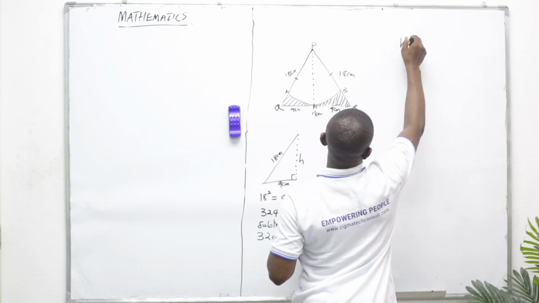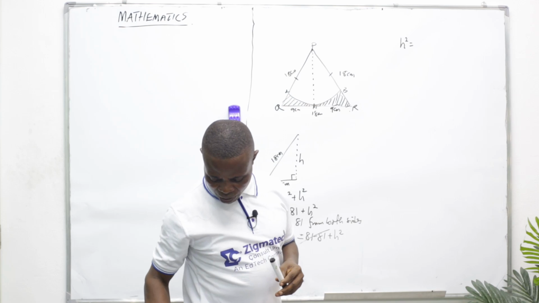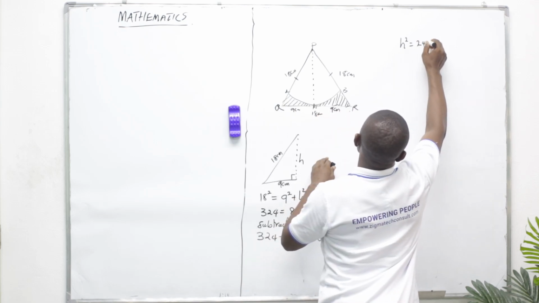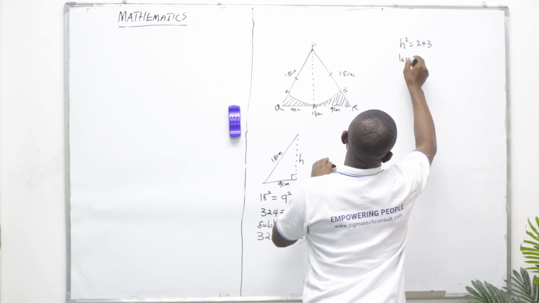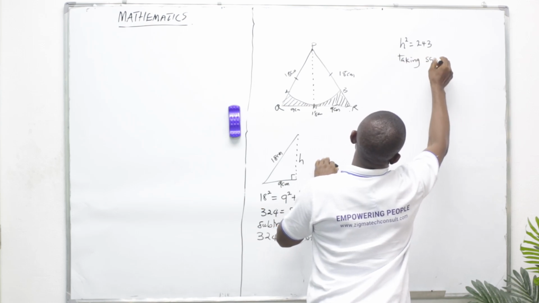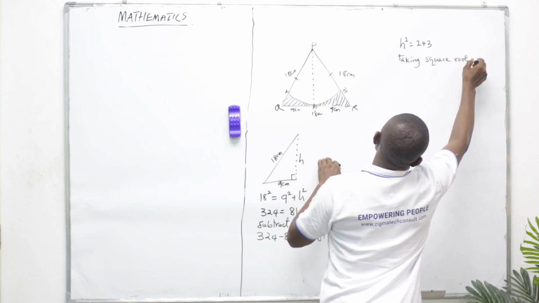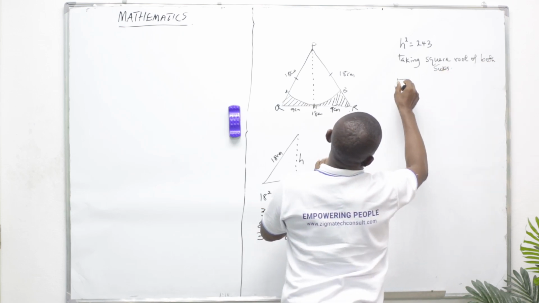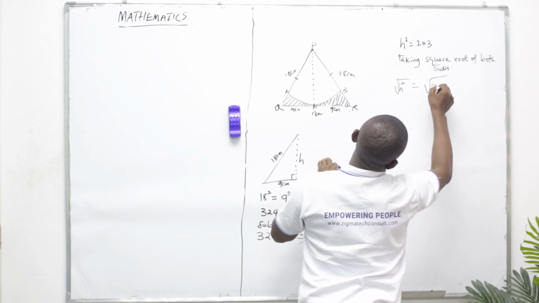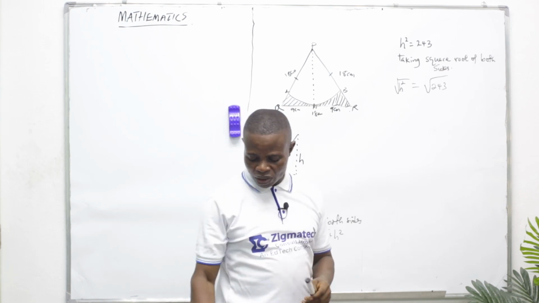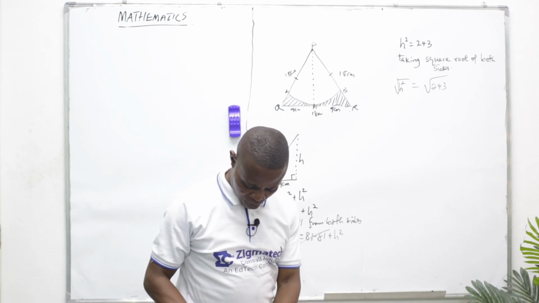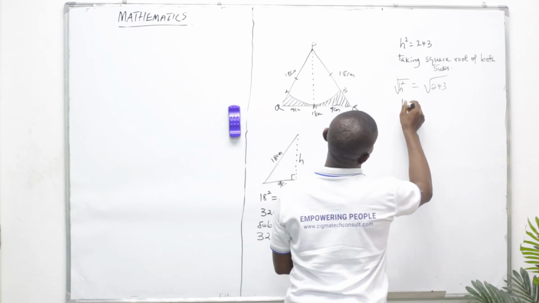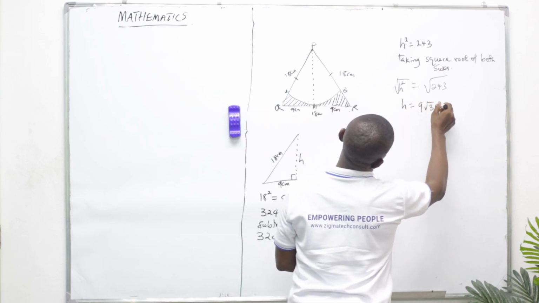Now h squared equals 324 minus 81, which is 243. Taking the square root of both sides, we have h equals the square root of 243. So h equals 9 root 3 cm.